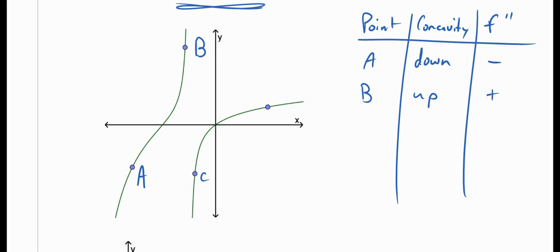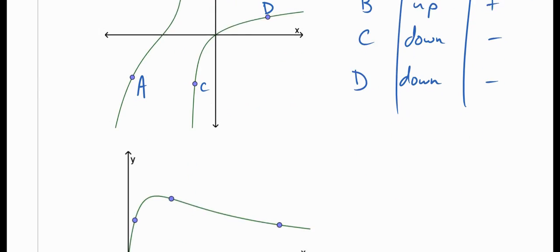Okay, let's do C. It's concave down, I think? Yep. So it's negative. And D, it's still down. So it's still negative, right? Hasn't changed. And that looks like it's going to be asymptotic, so it would always be down. It's not going to change back up. They obviously don't always change.